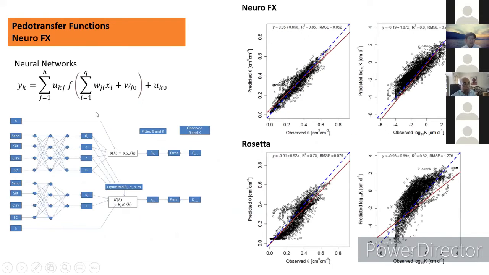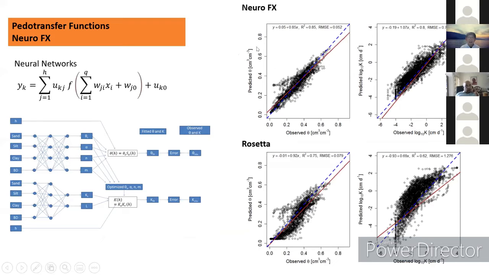So using that, we can now make pedotransfer functions predicting these new functions. We call it Neuro-FX, due to the FX function, the Fredholm and Singh functions. So using sand, silt, clay, and bulk density, we have a neural network, and it predicts the water retention and also predicts the hydraulic conductivity.